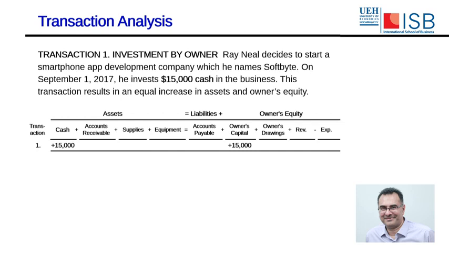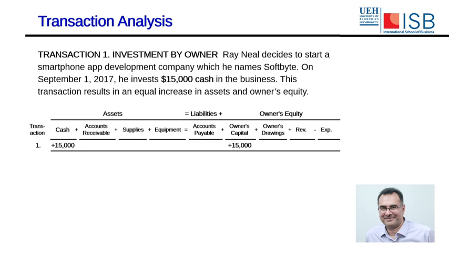And on the right side, we will have an increase in equity, which is investment by the owner. So this transaction shows the investor invested $15,000 to start the business.